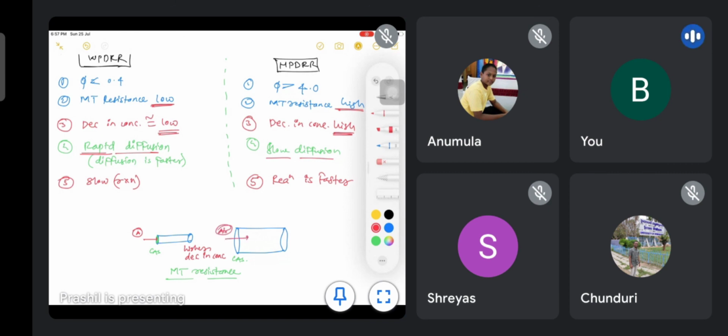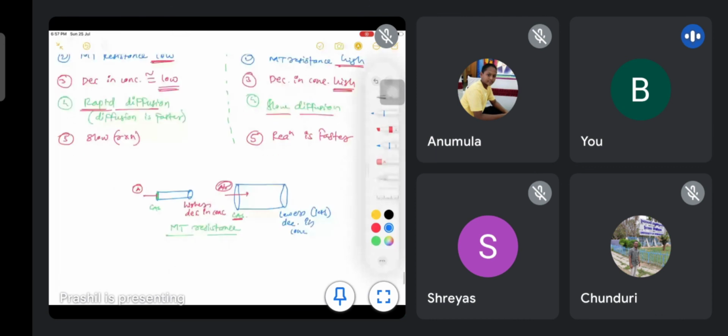Here it is a lower decrease in concentration. Suppose I write here Ca1 and Ca2. You can see Ca2 will be higher as compared to Ca1, because of pore size. Are you following this?